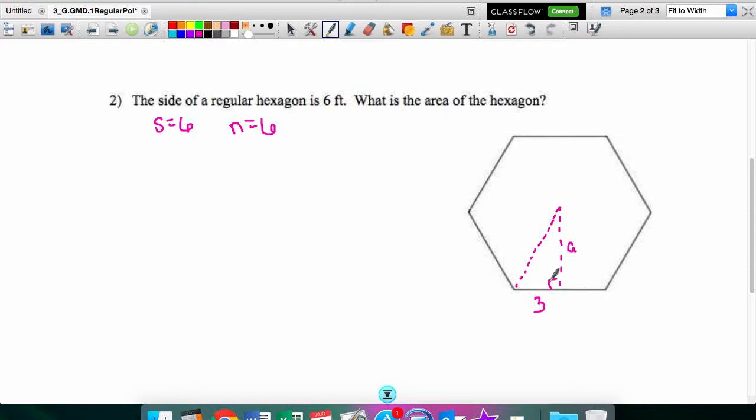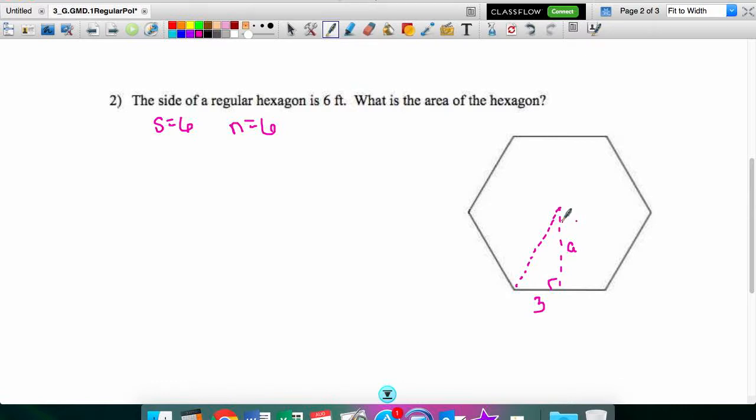It turns out that we can find our reference angle by thinking about how many of these little triangles are within the entire hexagon. You could actually sit here and sketch every single triangle within this hexagon if you would like. But it turns out in every polygon that there will always be double the number of sides of triangles inside.